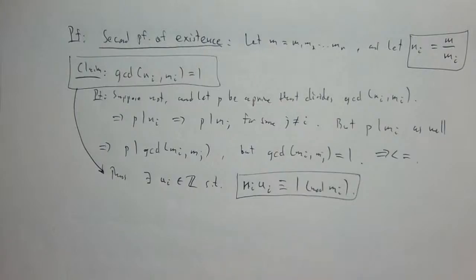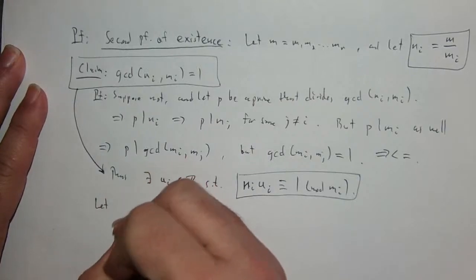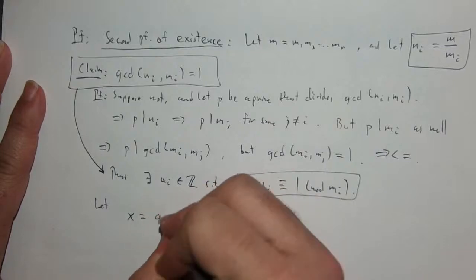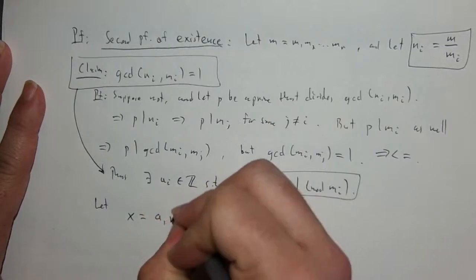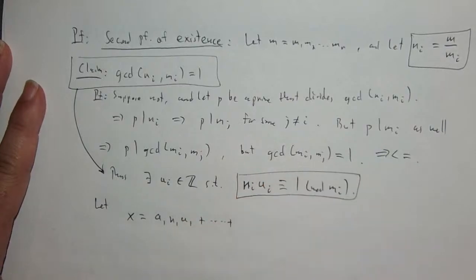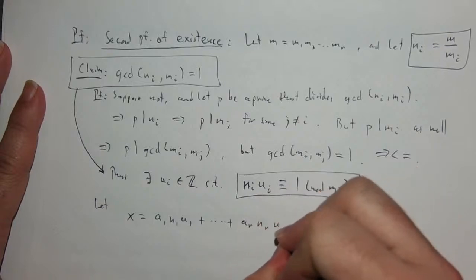These are multiplicative inverses for each n sub i. So let x be equal to a sub 1, n sub 1, u sub 1, and so on, all the way up to a sub r, n sub r, u sub r.